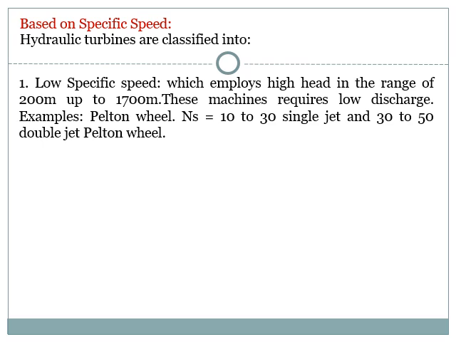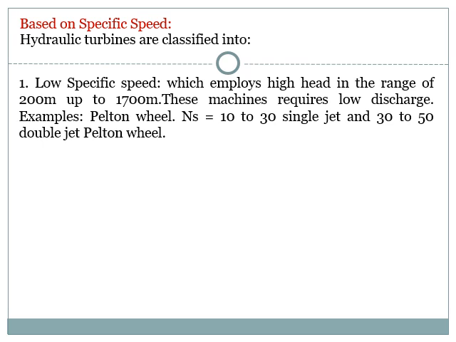That means here the head is very high, that is 200 meters to 1700 meters. So these machines require low discharge. In order to get the desired power, the low discharge is sufficient, because of the higher head.